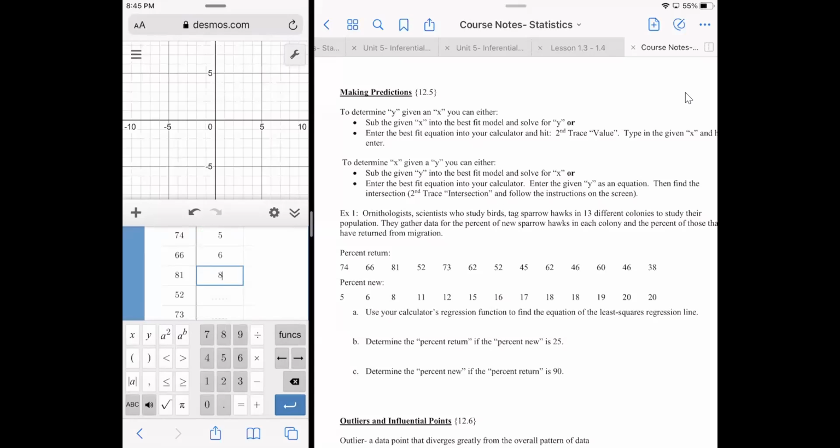So that's a little bit of context. You don't really need to know anything about sparrowhawks specifically. You just need to be able to sense that there's a relationship between the two, and it's usually spelled out in the problem.